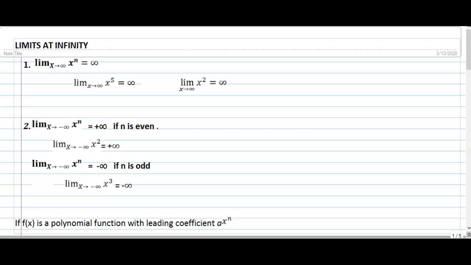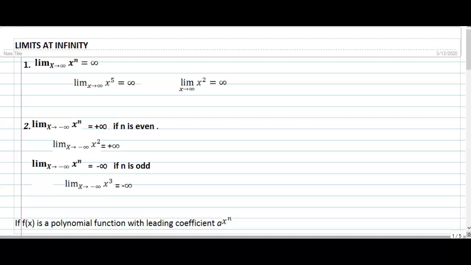Infinity is a concept. So the first rule, we're looking at the limit of x raised to the nth power as x approaches positive infinity. Now, what I mean by infinity is a concept, that means that x increases without bound.